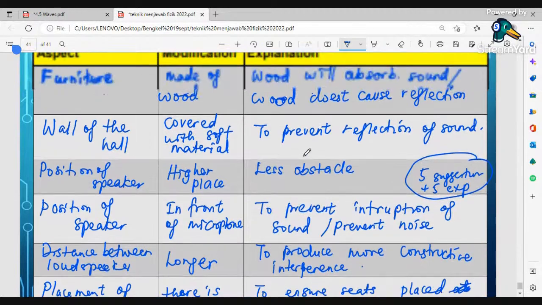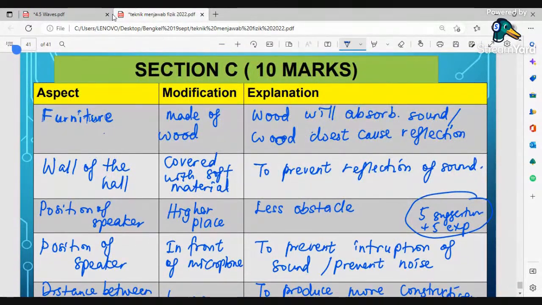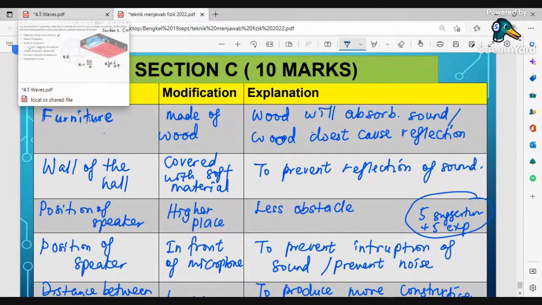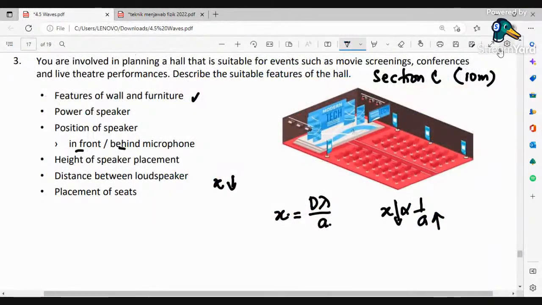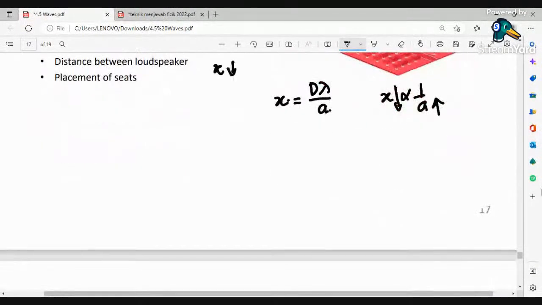Okay, that one is for the question, section C. If you have anything to ask, you can just write in chat.